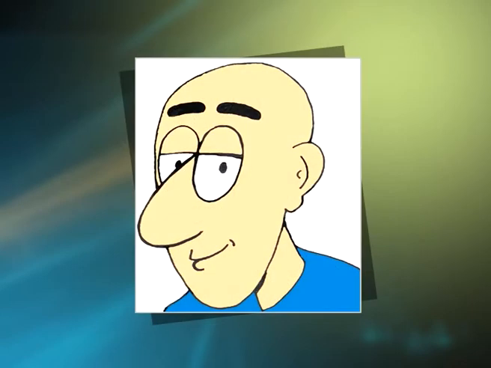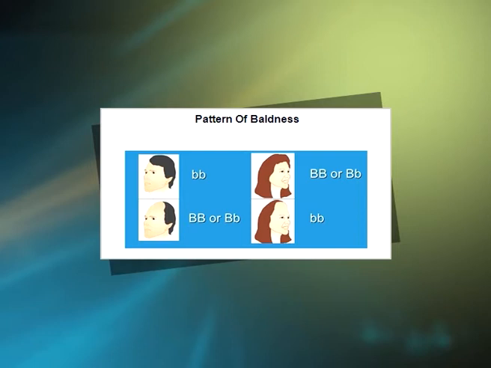This particular character is dominant in man and recessive in women. This is because the gene for baldness, capital B, in heterozygous condition expresses itself in male, but heterozygous females are normal even though they carry the gene for baldness, and you can clearly see this in this figure.